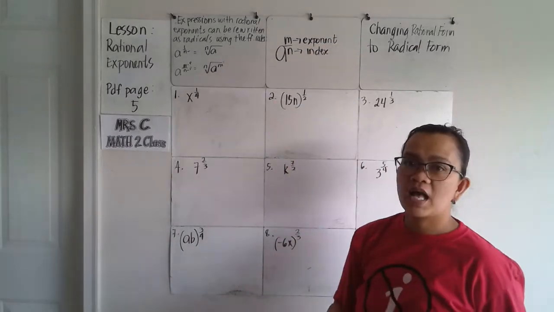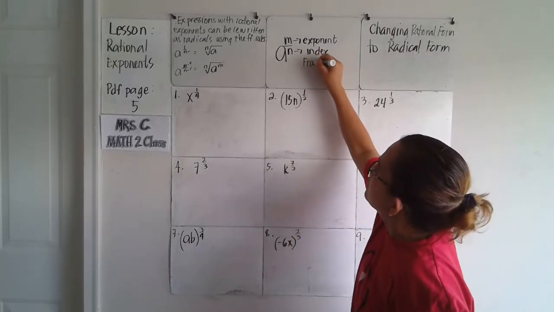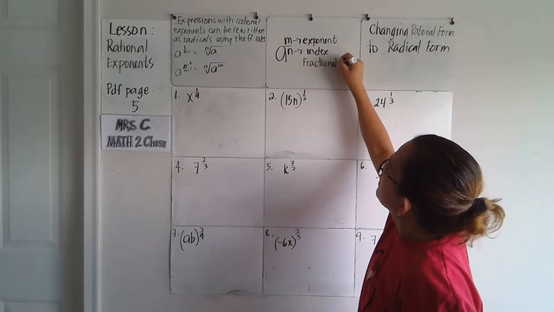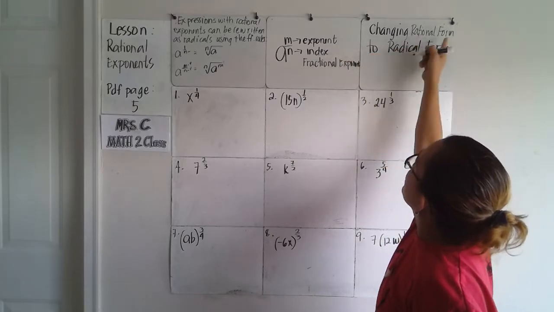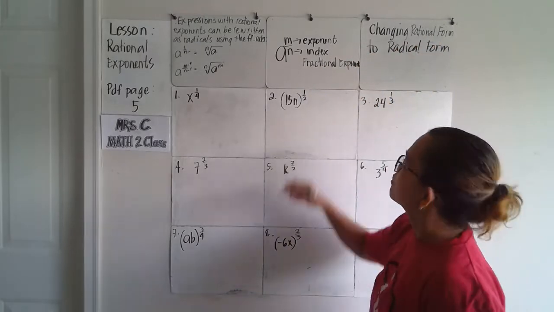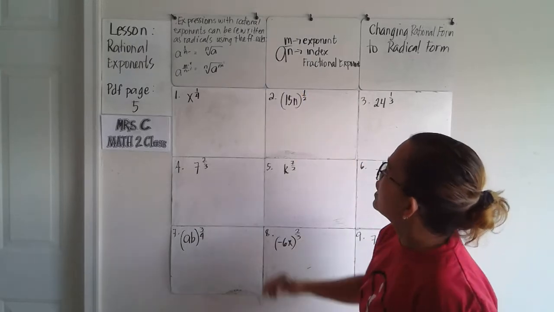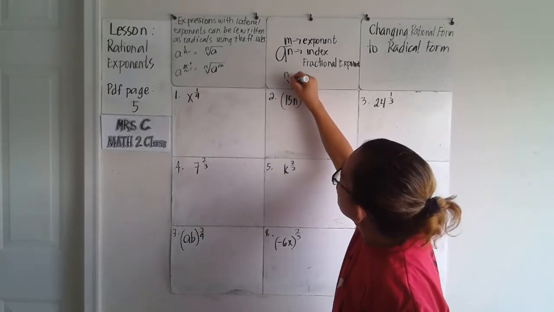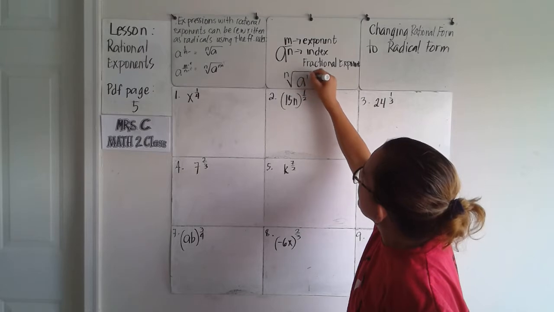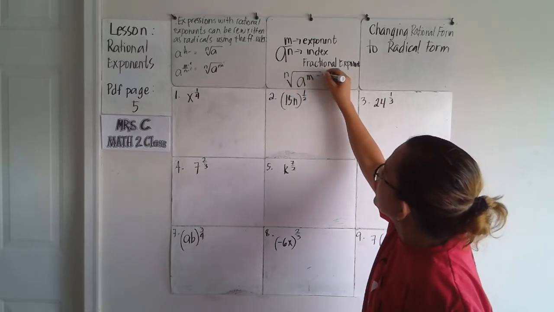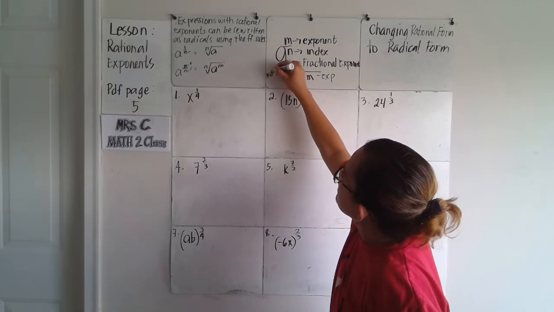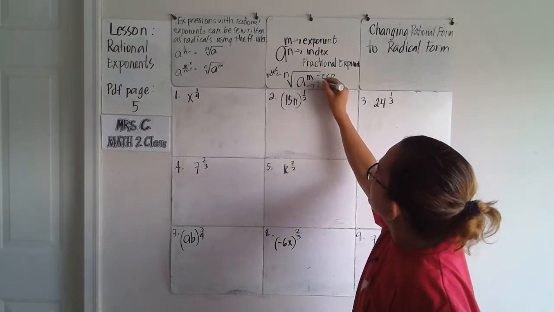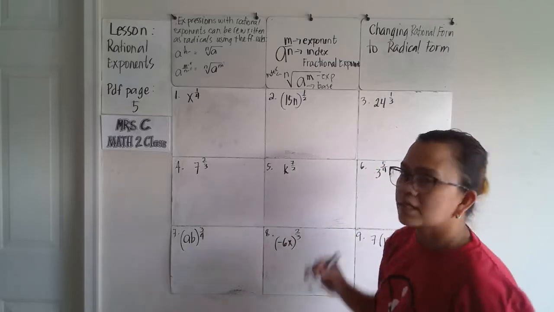Remember this, if you have a fractional exponent, also known as rational form, you have a or the nth root of a raised to m. This is your exponent. This is your index. This is your base. Got it?